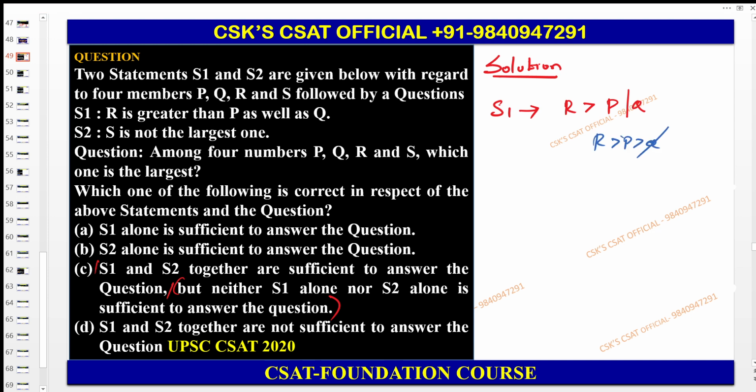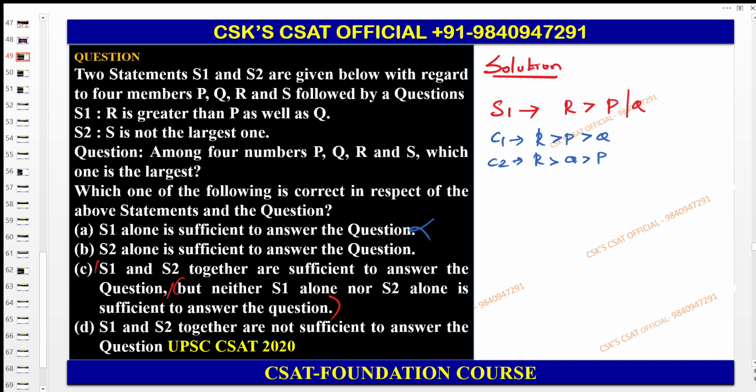Two cases arise: R is greater than P, greater than Q, which is one case; and case number 2, R greater than Q, greater than P. We are checking the possibilities with respect to R. With these two cases alone, we cannot answer which among the four, P, Q, R, or S, is the largest, since you don't know any detail about S. So statement number 1 alone is not sufficient.